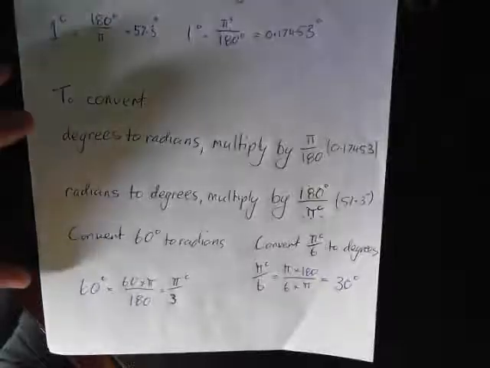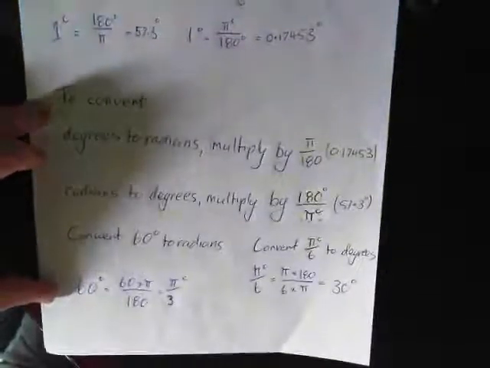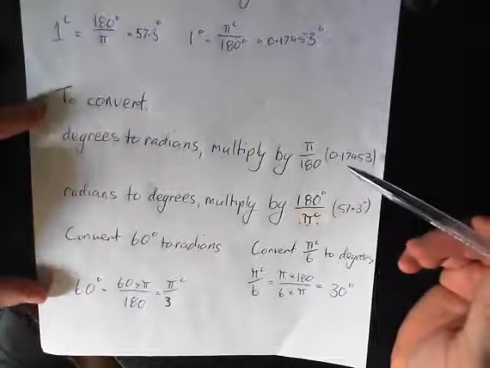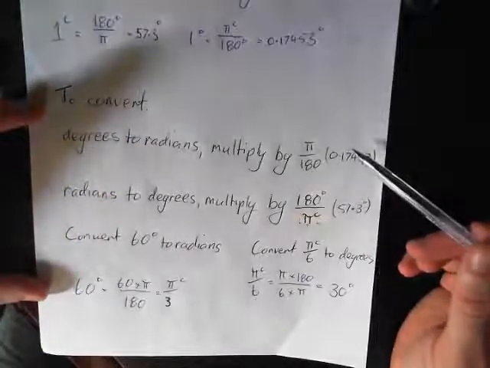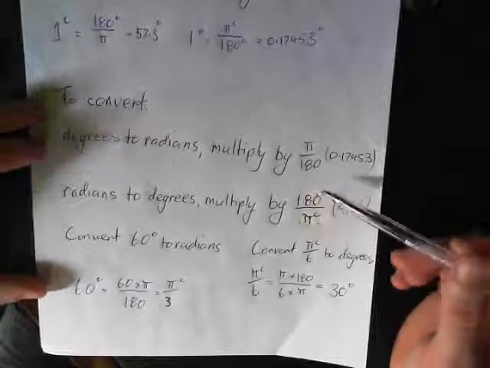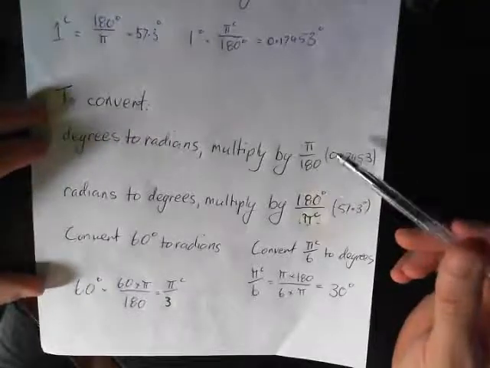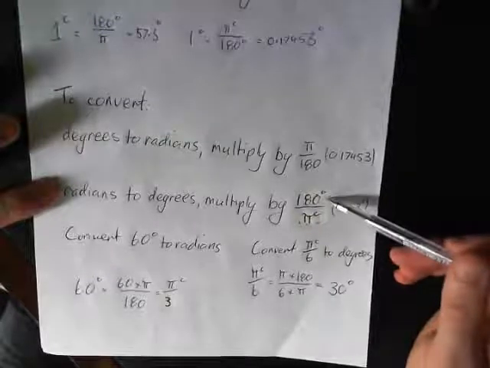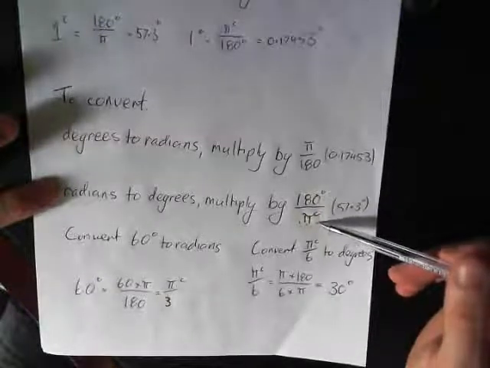What you need to know how to do though, for this exercise, for exercise A, you're just being asked to convert from degrees to radians, and from radians to degrees. Alright, so if you want to go from radians to degrees, let's do this one here. You multiply by 180 divided by pi.